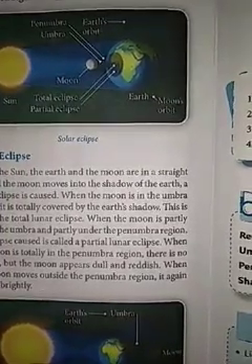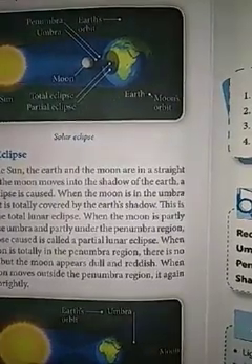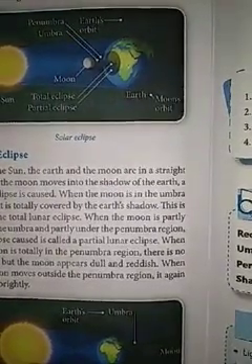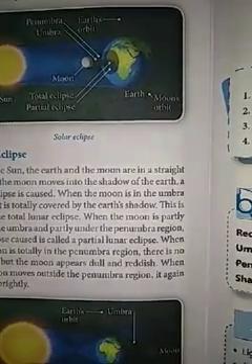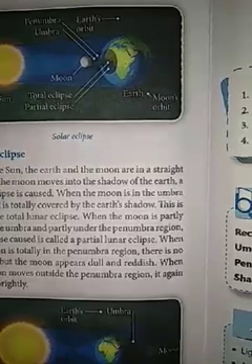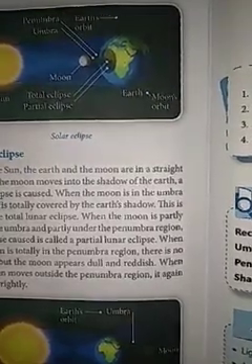When the light rays are partially blocked by the Moon, it forms a partial solar eclipse. As the Sun is partially blocked by the Moon in the penumbra region, it is called a partial solar eclipse.